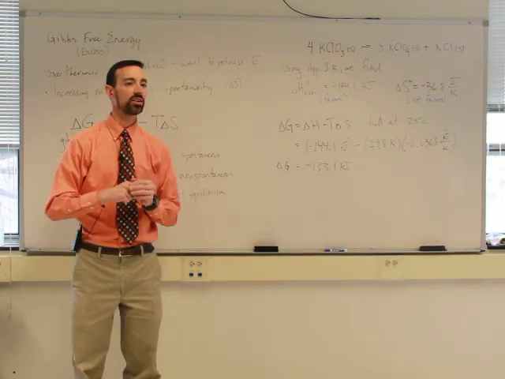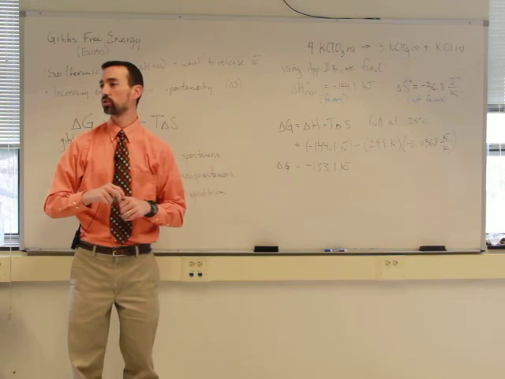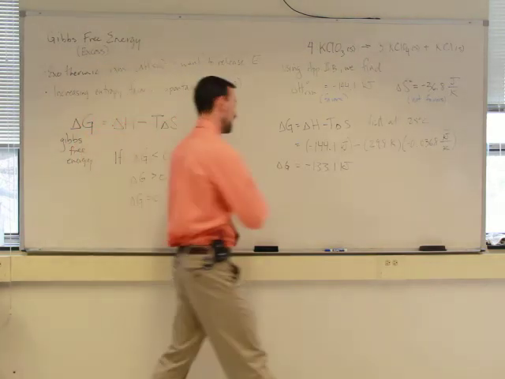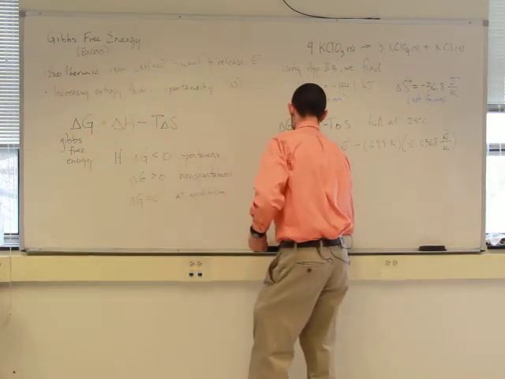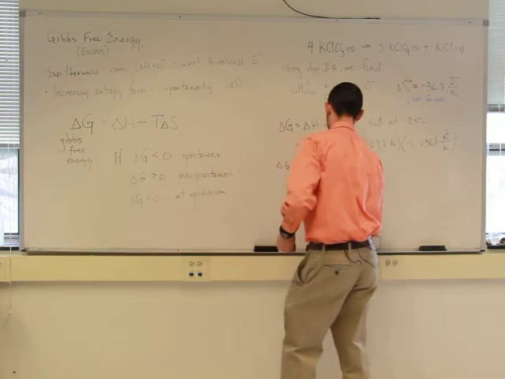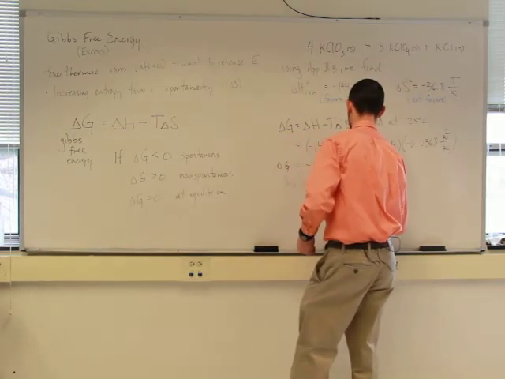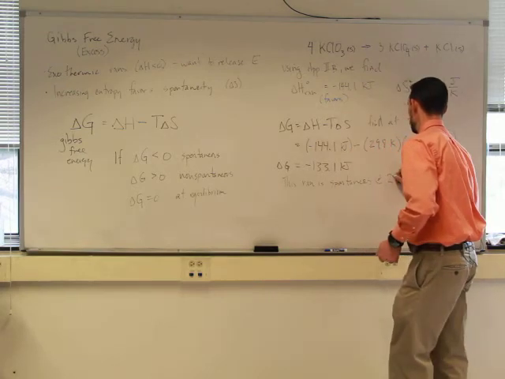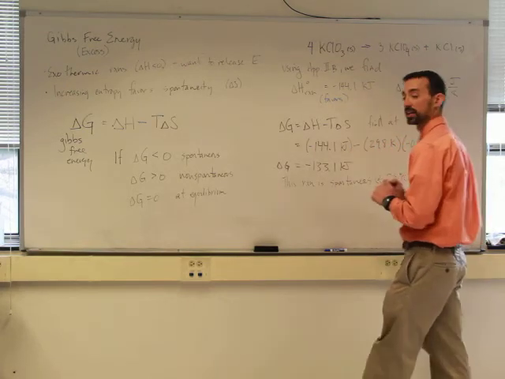We still have 133,000 of those joules left over. So it's considerably high, the amount of free energy. And we would say this reaction is spontaneous at 298 or 25 degrees Celsius.